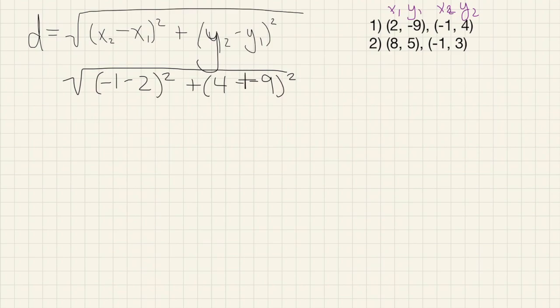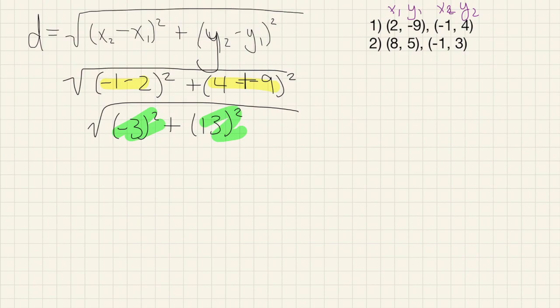So we'll start simplifying by adding what's in the parentheses. So -1 minus 2 gives me -3 squared, plus 4 plus 9 will give me 13 squared. Next step in simplifying, we do the squaring part.